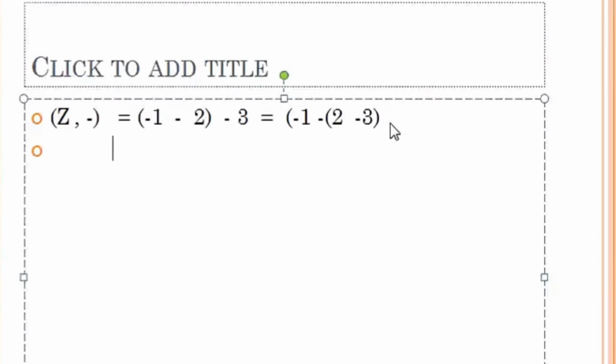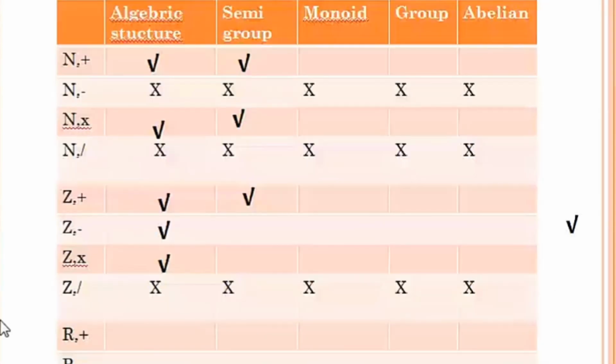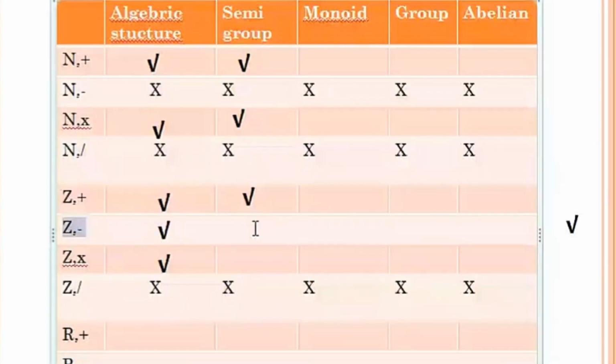We can see it will make a difference. Minus 1 minus 2 minus 3 comes out to be minus 6. And see this, this is minus 1, and this comes out to be 0. That's why integers with respect to subtraction will not satisfy associativity, because when we change the association, subtraction doesn't prove out. So this will not be a semi-group.